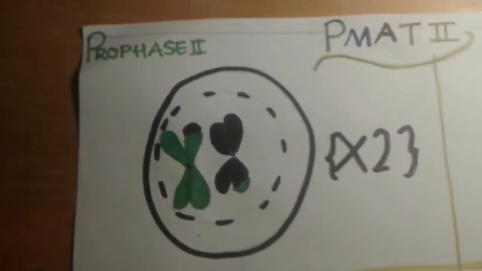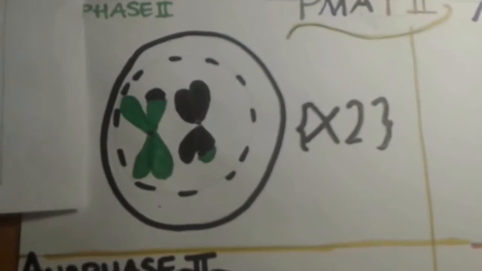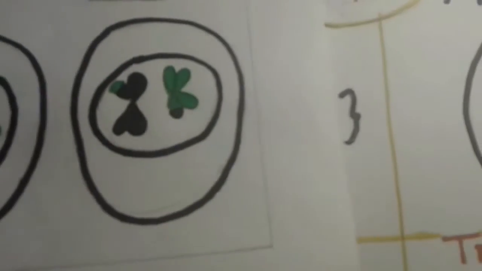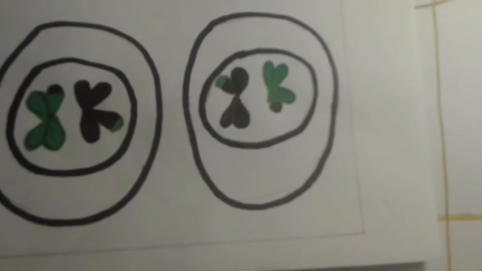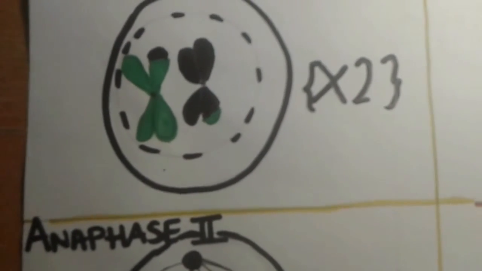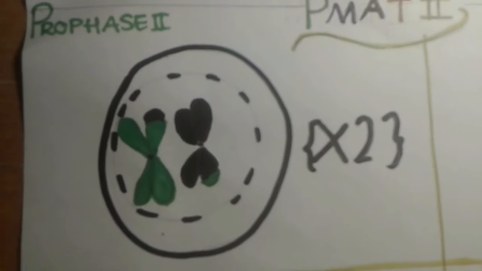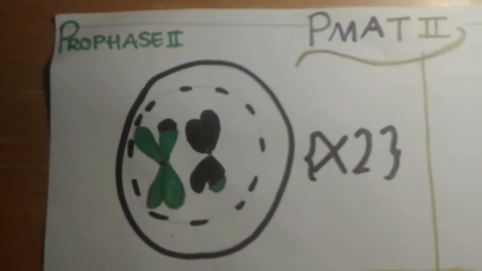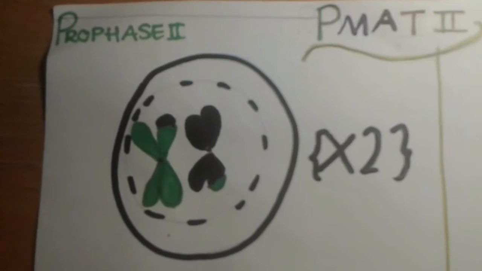As we mentioned beforehand in the first half of meiosis, two daughter cells are formed at the end of the first stage. But I'm just drawing one here to make it simpler and adding a bracket times 2 to show that this process actually happened to 2 cells rather than the one that's drawn right there.